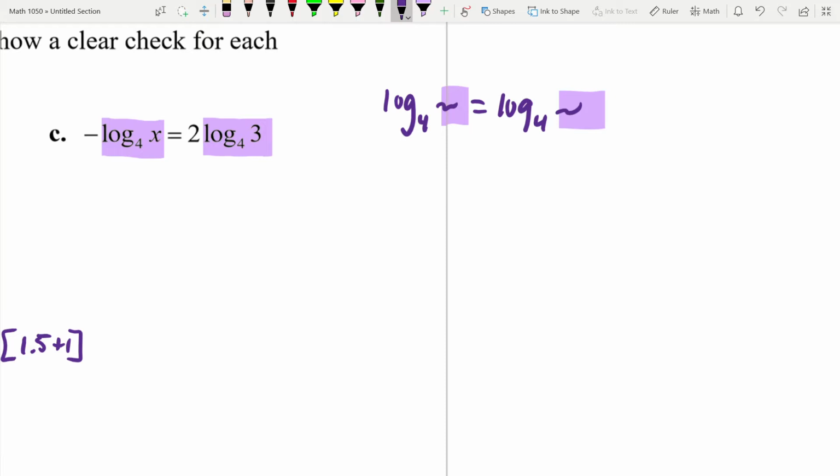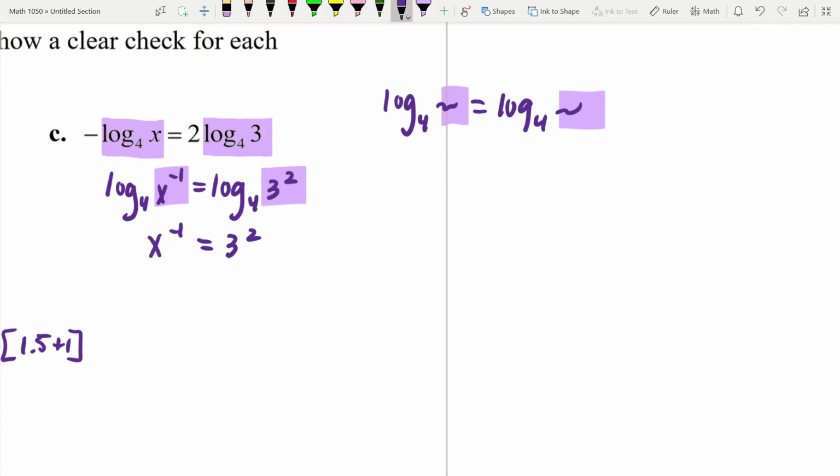Make it an exponent. Bring it to the top. Yes. Everybody go log base 4 of x to the negative first equals log base 4 of 3 to the second. Now I'm there. If log base 4 of this equals log base 4 of that, those things must be equal to each other. So everybody go, x to the negative first equals 3 squared.